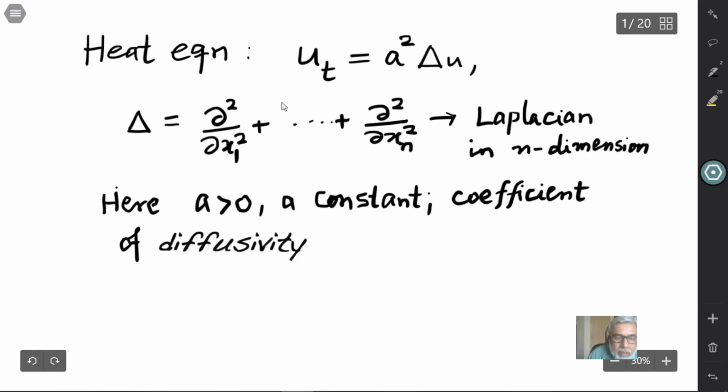So this depends on the material where this flow of heat or temperature is studied.